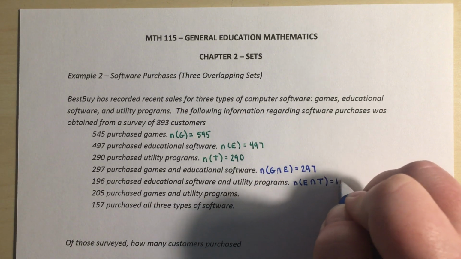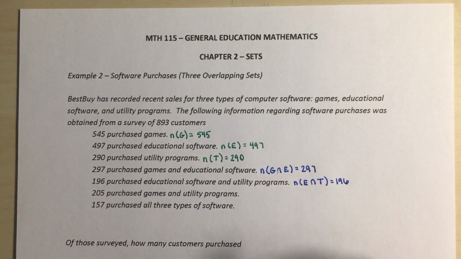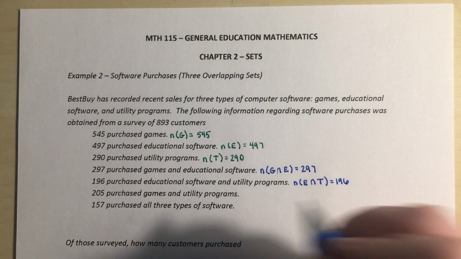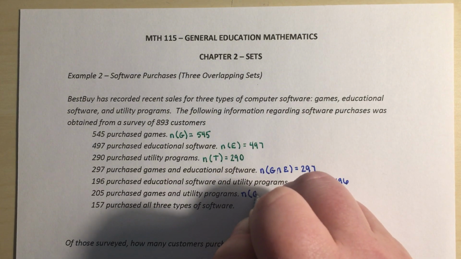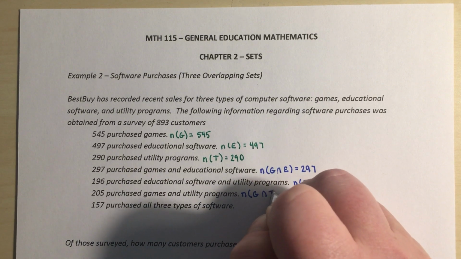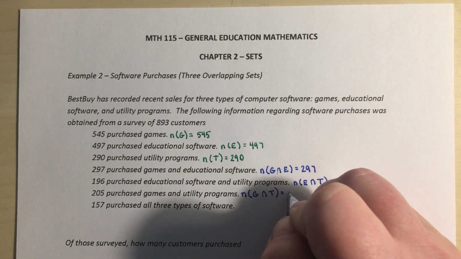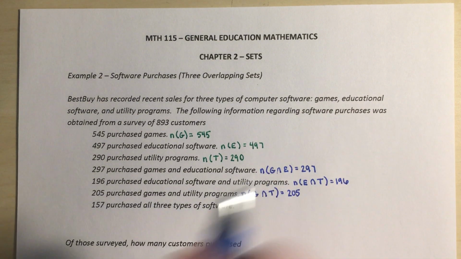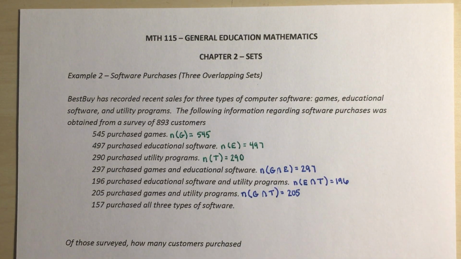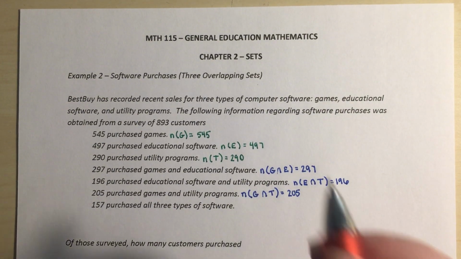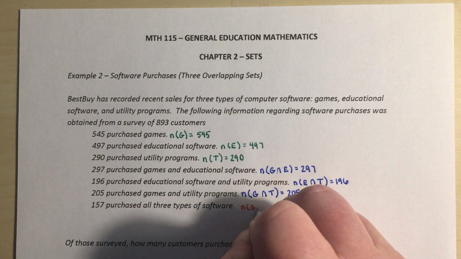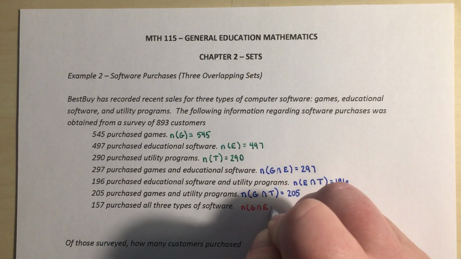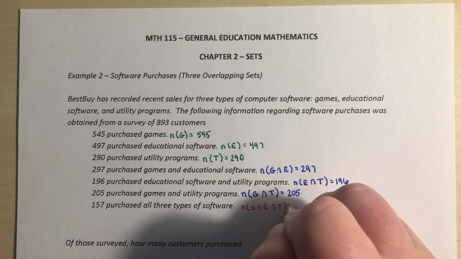That's 196. 205 purchased games and utility programs. So games intersect utility. And then 157 purchased all 3. So we have games intersect educational software intersect utility.